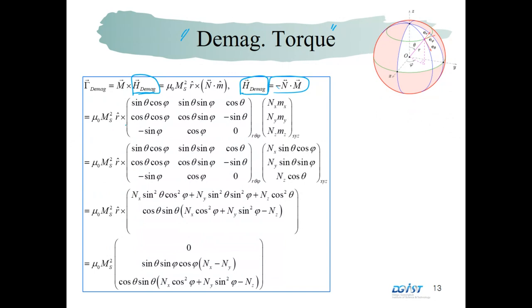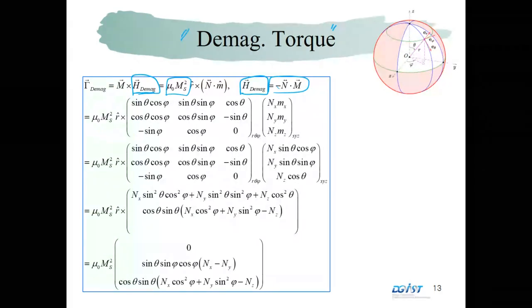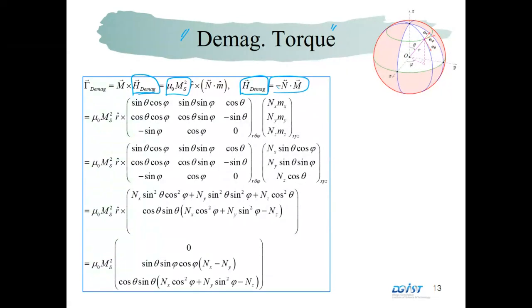So let's do it here. The mu zero Ms squared: one Ms came from the dynamic field, and the other Ms came from here. So they are proportional to Ms squared. This is the unit of energy per volume.